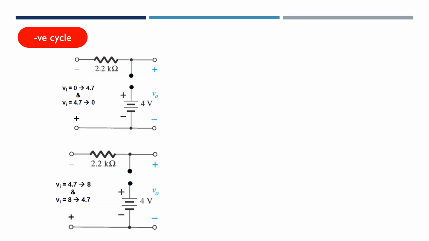Even so, we still need to analyze the transition voltage, which is 4.7 volt, and during this negative cycle we also look at two possibilities: VI is less than 4.7, or VI is greater than 4.7 volt.